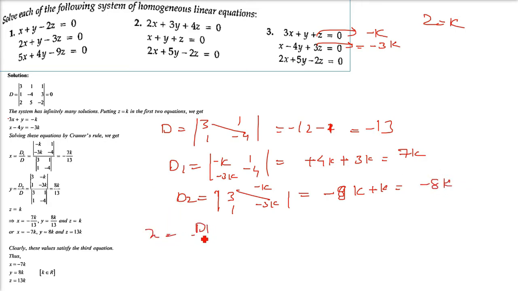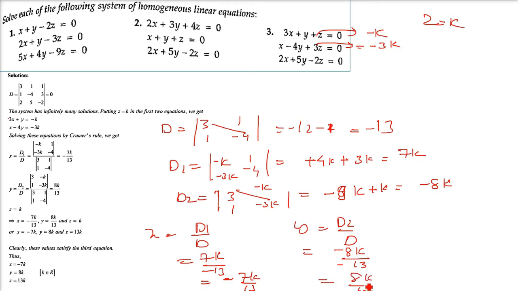So x is d1 by d, y is d2 by d. d1 is 7k by minus 13. So y equals d2, which is minus 8k, divided by minus 13, so it is 8k by 13. So what do you get? You get x equals minus 7k by 13, y is 8k by 13, z is equal to k.